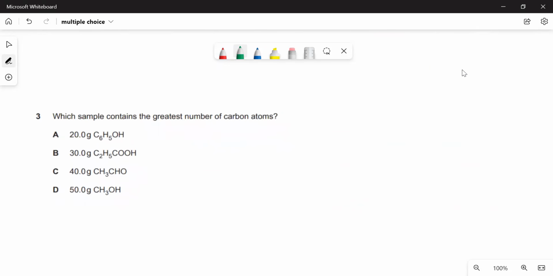Okay, so let's try and find a quick way of doing this. Which sample contains the greatest number of carbon atoms? So we forget about the atoms, we want the number of moles of carbon atoms. Right, so how would we do A?